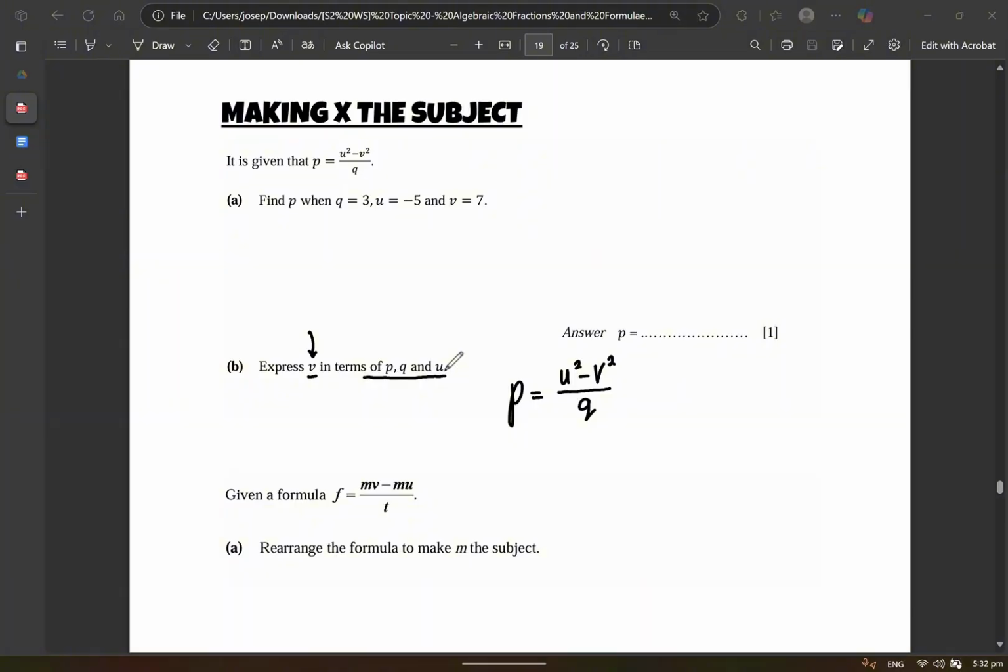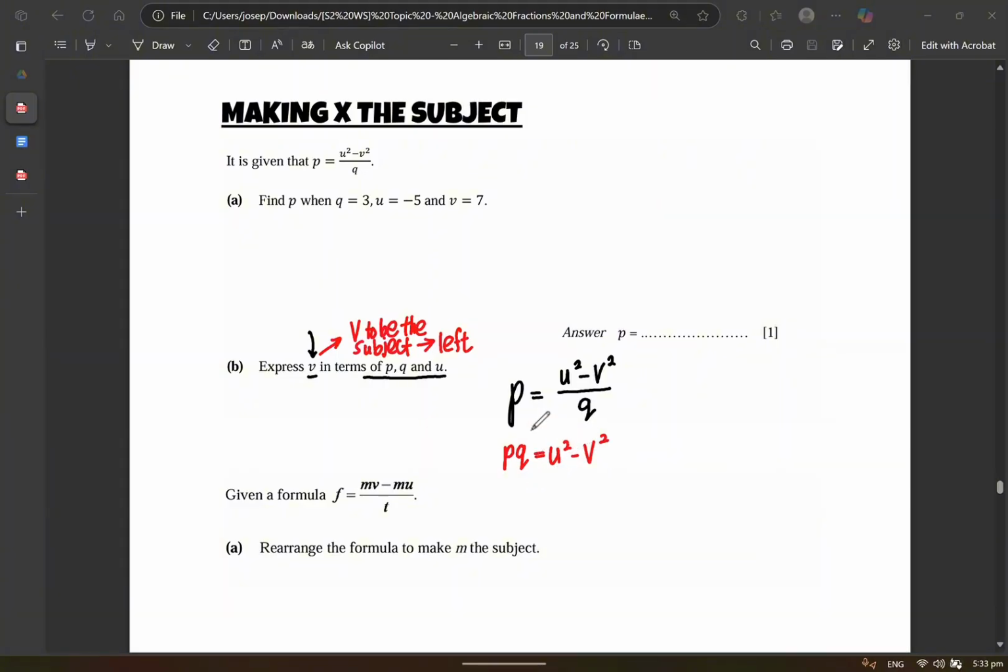Make sense? So if you want V to be the subject, that basically tells me that I need to make sure that V is on the left-hand side. So what you want to do is have PQ equals U² minus V². What you're going to do is shift the rest over to the other side.